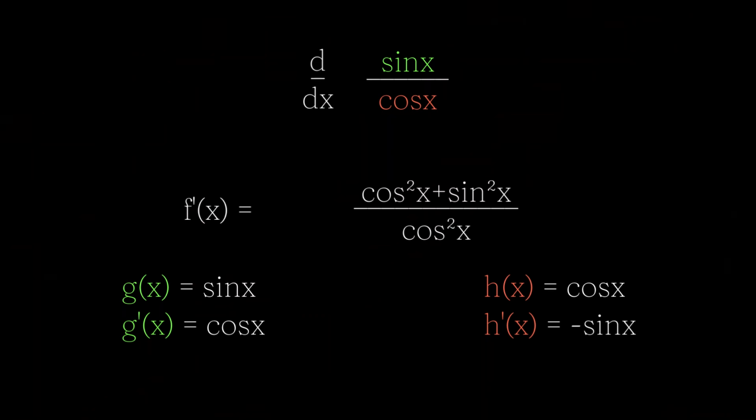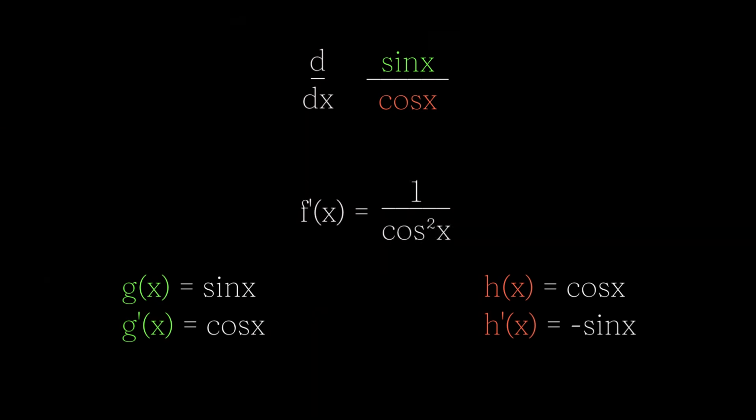The Pythagorean identity states that cosine squared x plus sine squared x must be equal to 1. Therefore, the numerator will become 1. For the result, 1 over cosine squared x must be equal to secant squared x. Therefore, the derivative of sine x over cosine x is secant squared x.